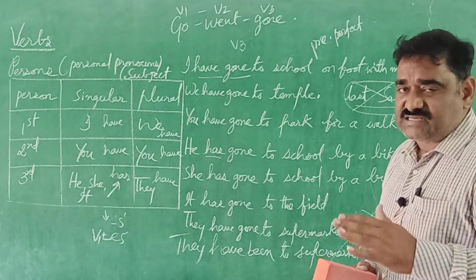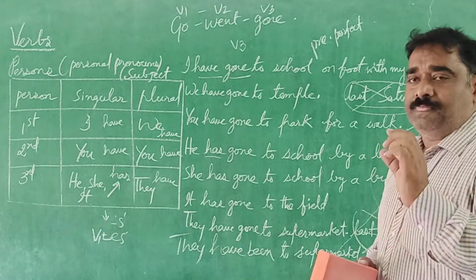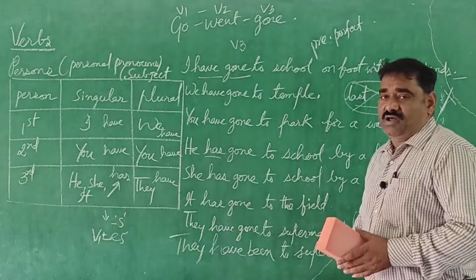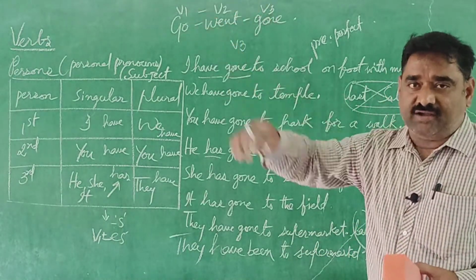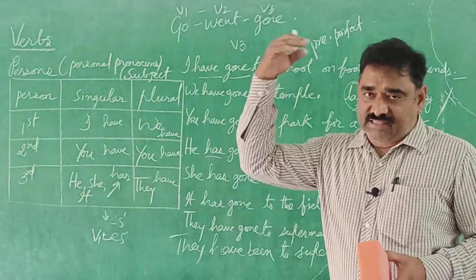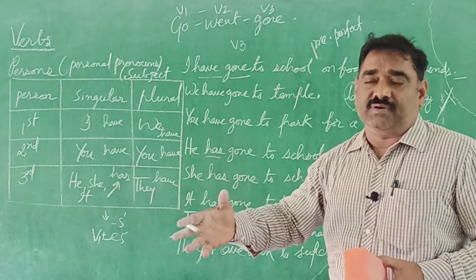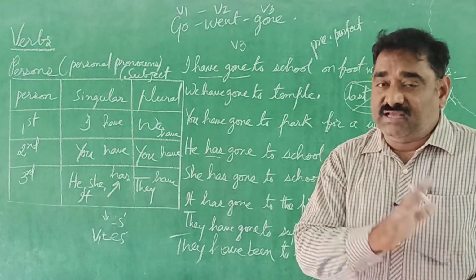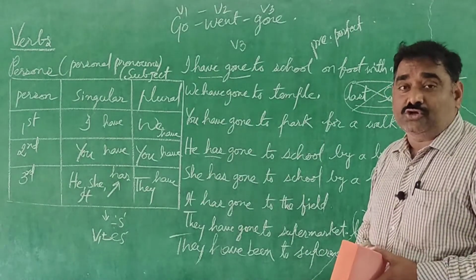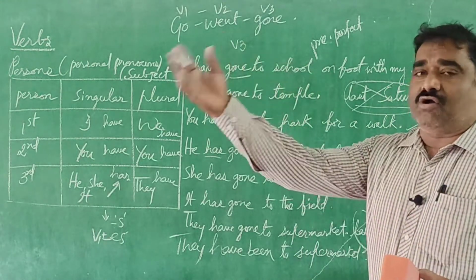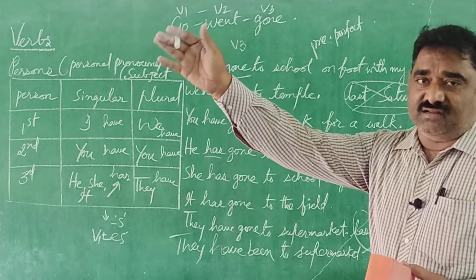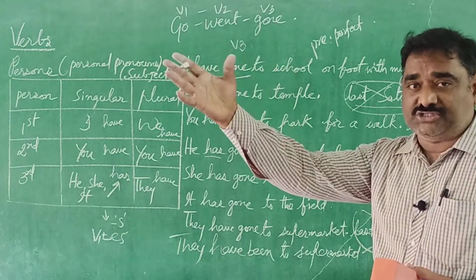Grammatically both sentences are correct, whereas we can find a slight difference. They have gone to supermarket means they are in the supermarket now. Whereas they have been to supermarket means they went to the supermarket, bought some provisions, and came back. For example, they have gone to movie means they are in a theater watching the movie.